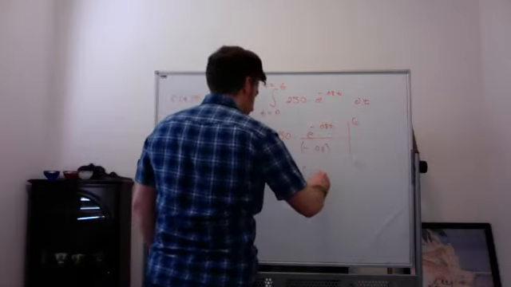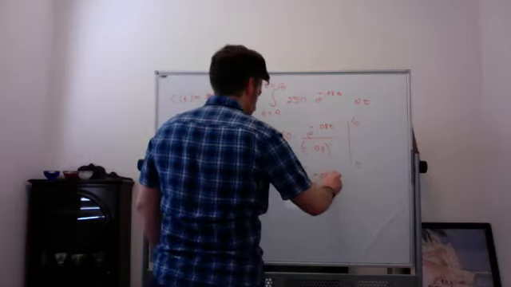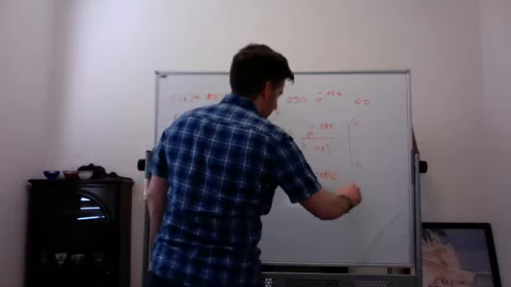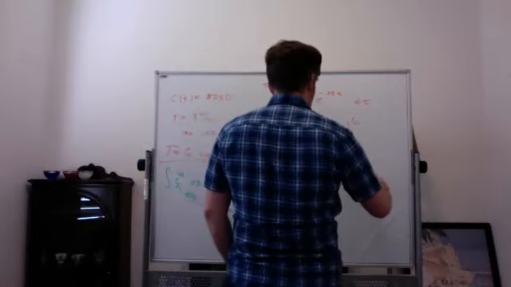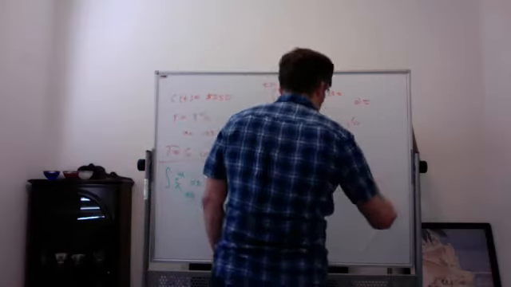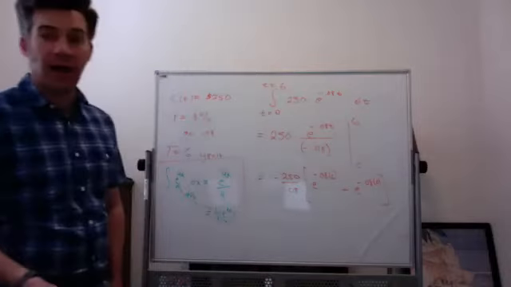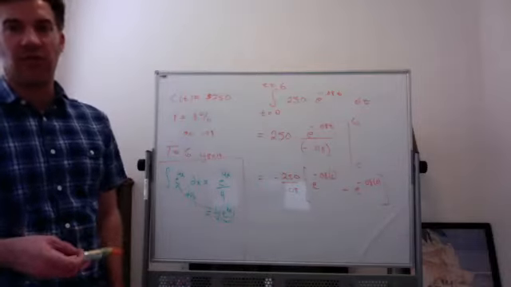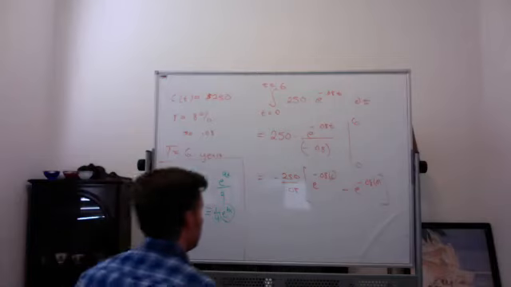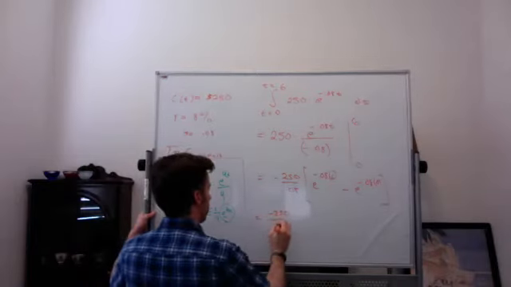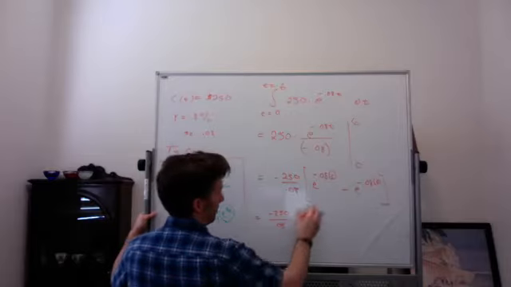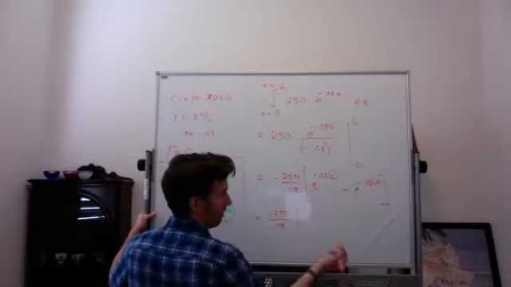And we get e to the negative 0.08 times 6 minus, I'm going to plug in 0 and get e to the negative 0.08 times 0. If you're short on time, I would leave it like this. If you have a little extra time, you can do a little bit of simplifying: negative 250 over 0.08 times 0.08 times 6 is 0.48.